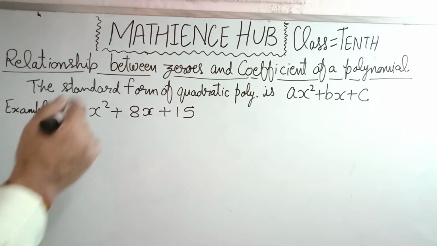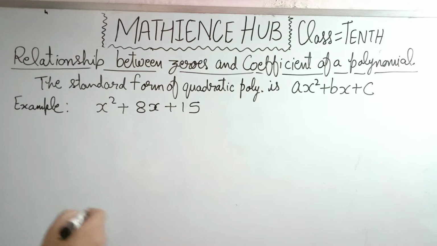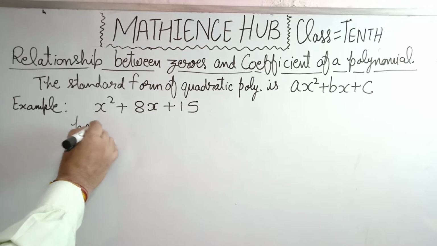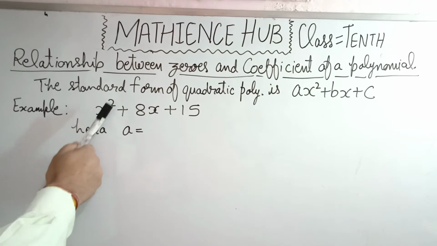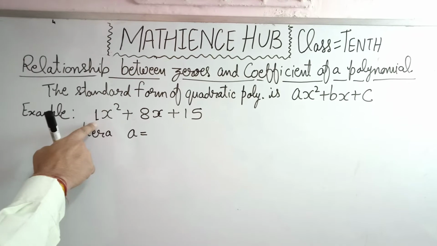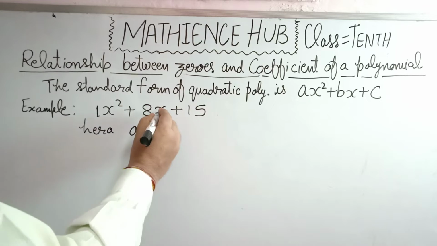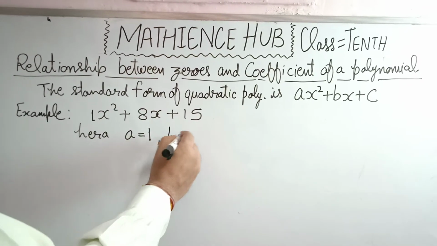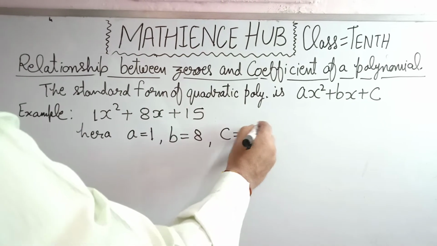First, we write the values of a, b and c in this quadratic polynomial. Here a equals the coefficient of x square; if nothing is there, we write 1. A equals 1, b equals the coefficient of x, b equals 8, and c equals 15.